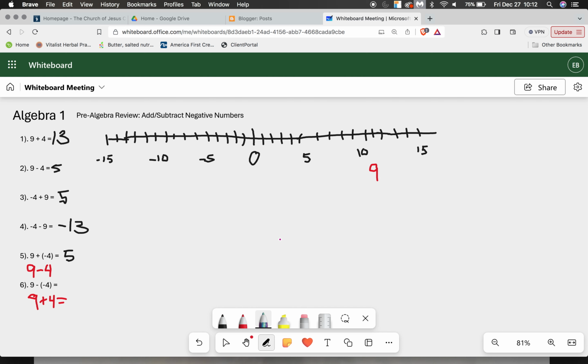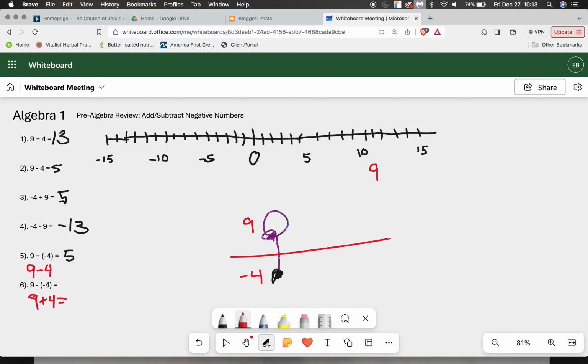So let's say that you have a balloon. This is the way Cody thought about it. You have a balloon, and it has a string that has a rock attached to it. The rock is weighing it down. So it's floating here at a 9 level. So it's still positive, it's still floating, but it has a rock on it that's weighing it down 4 points.